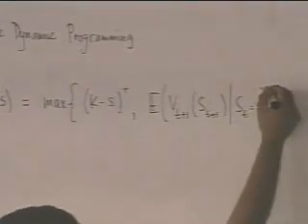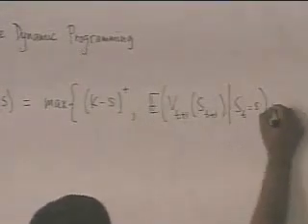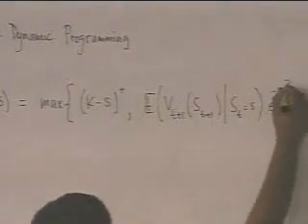And if you want to, you can take e to the minus r here. Right? This is what the dynamic programming recursion was. This is what we did last Thursday.